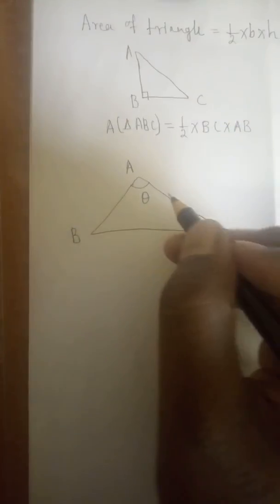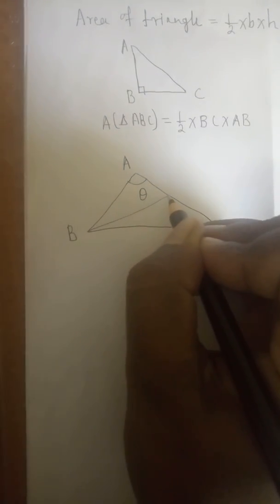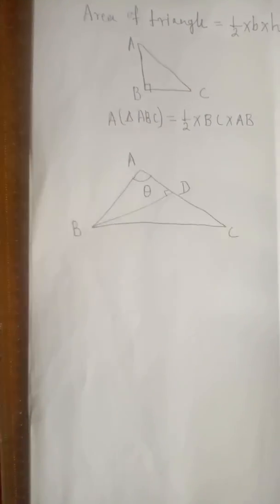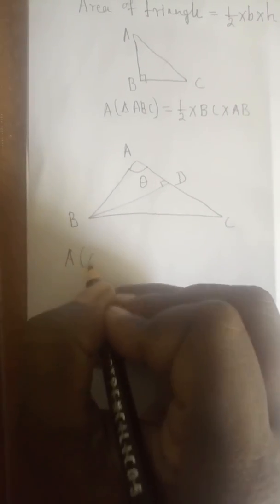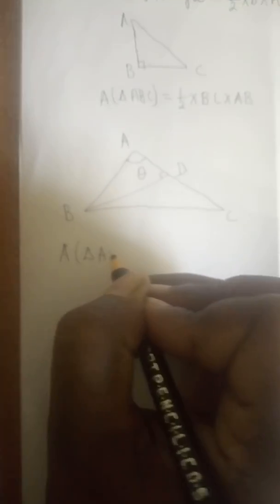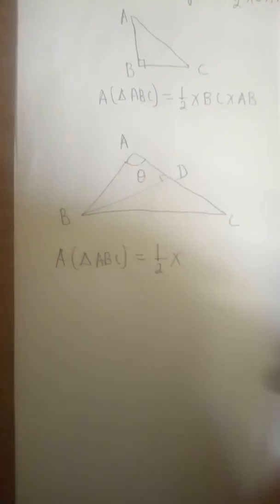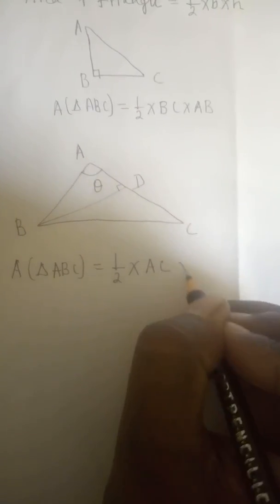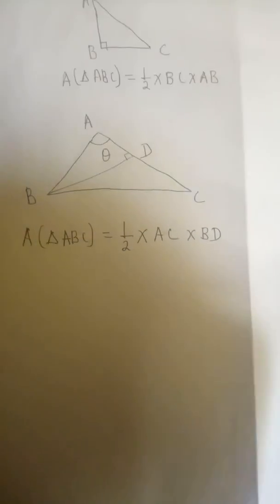So in this case, when we don't have the height, we construct a height. Let's say this is a perpendicular drawn from B to AC, BD, which becomes the height. Now the area of triangle ABC will be half into base AC and height BD. I hope this is clear. Let's label this as 1.